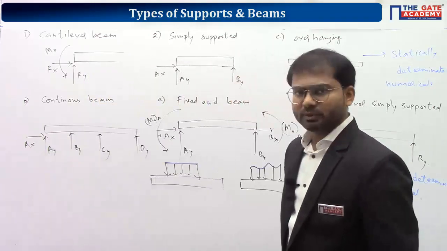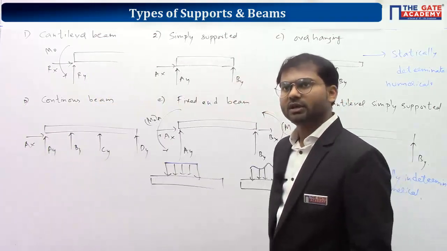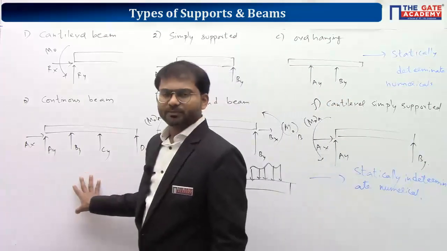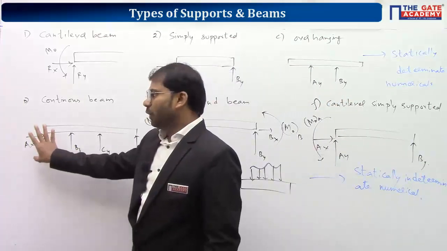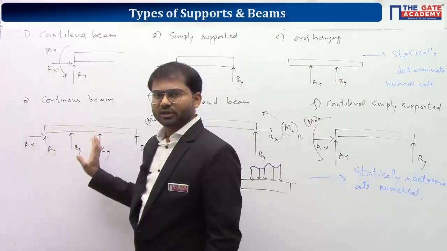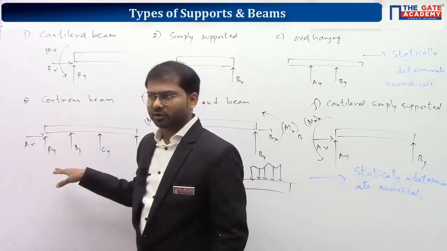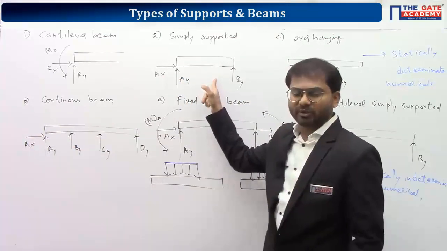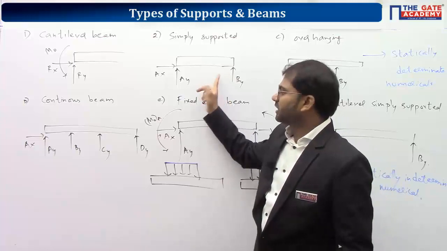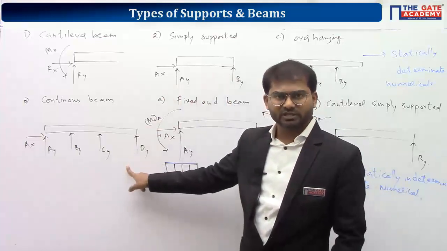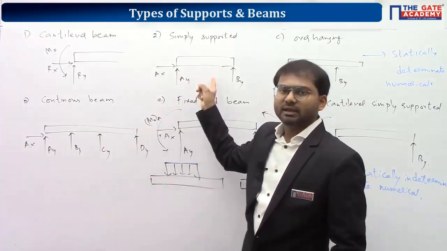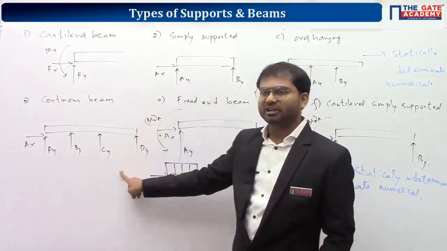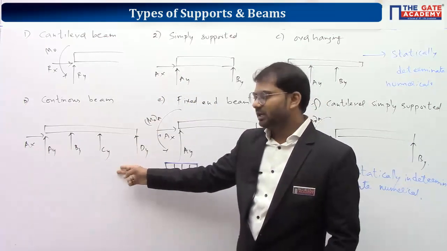Coming to the continuous beam, if you are changing rollers, one strict thing is that in a continuous beam we will be having 1 hinge and the remaining all are rollers, and we should have more than 1 roller because it should be different with respect to a simply supported beam. If we compare these two, the big difference is that one is a statically determinate beam and the other is a statically indeterminate beam.